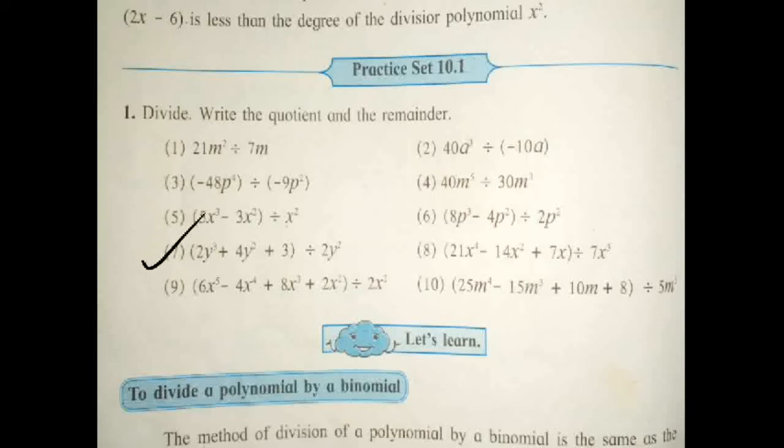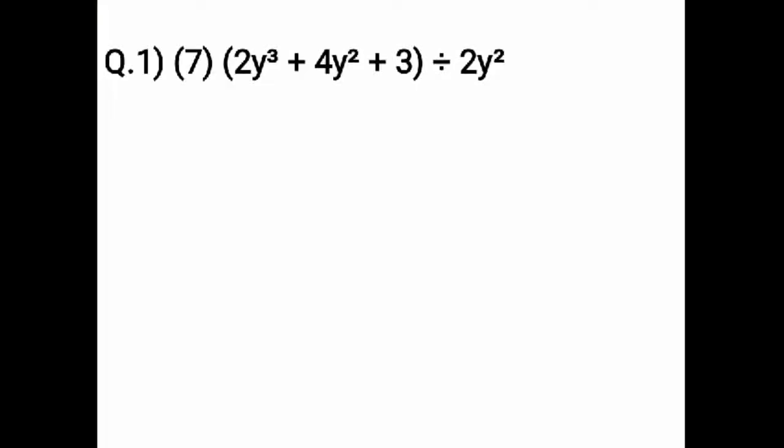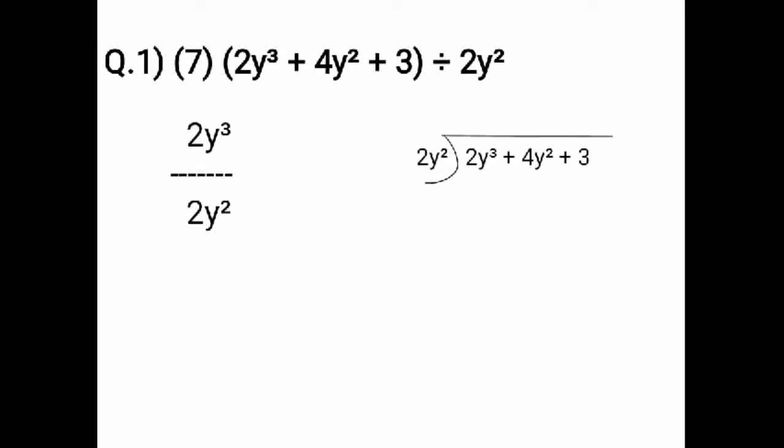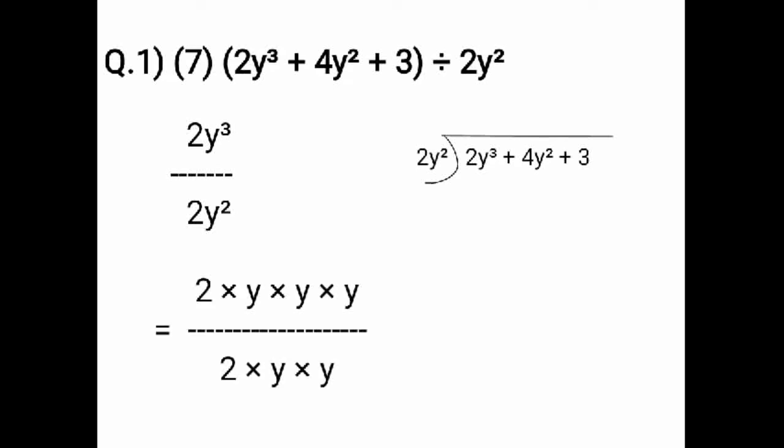Next, 2y cube plus 4y square plus 3 divided by 2y square. Now there are 3 terms in the bracket. You have to take a single term when you divide by 2y square. You have to take first 2y cube upon 2y square. 2y cube upon 2y square is equal to 2 into y into y into y upon 2 into y into y.